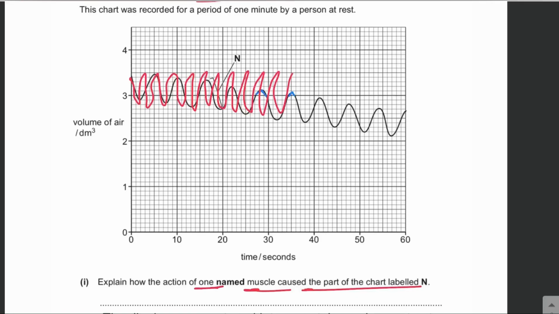This shows increased rate of breathing, right? I hope you get this. So whenever there is increased rate of breathing, the person is taking more breaths in 1 minute or in 60 seconds. So what do we observe actually? The waves are now closer, or we can say there's increased frequency of waves.